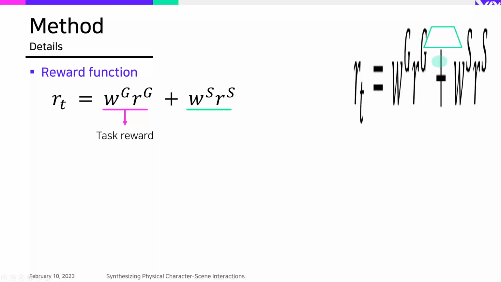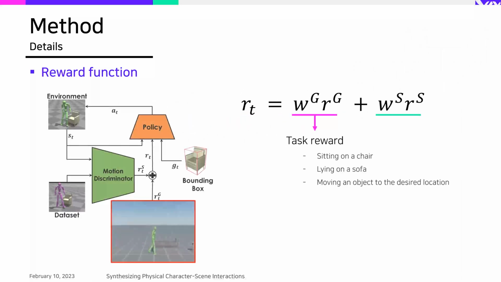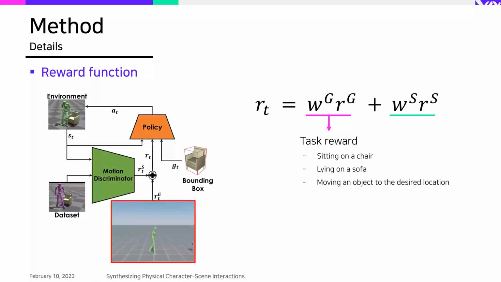The total reward is divided into two parts, the task reward and the style reward. The first term, the task reward, encourages the character to satisfy high-level objectives such as sitting on a chair, lying on a sofa, or moving an object to the desired position.